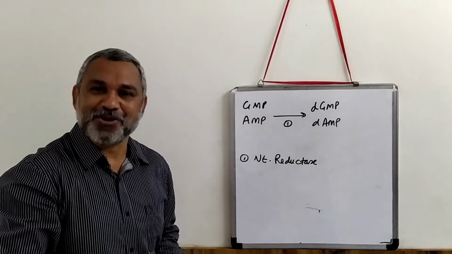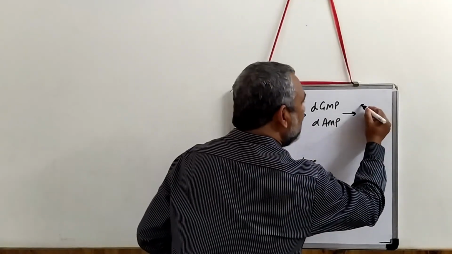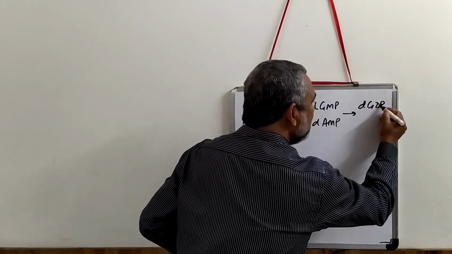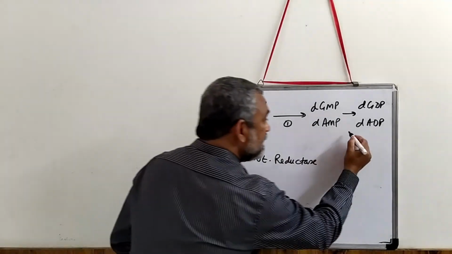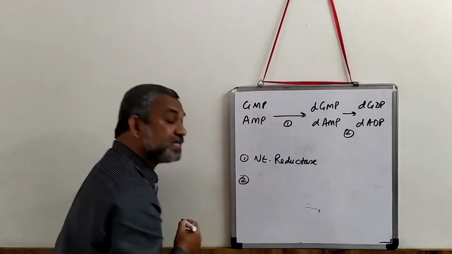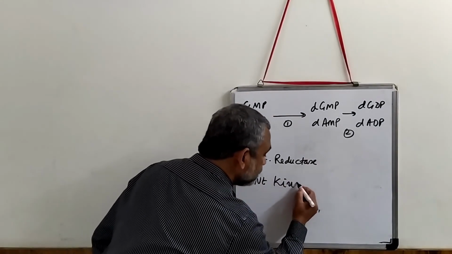Once you have a deoxynucleotide, it is easy to convert that into dGDP and dADP by a second enzyme, nucleotide kinase.